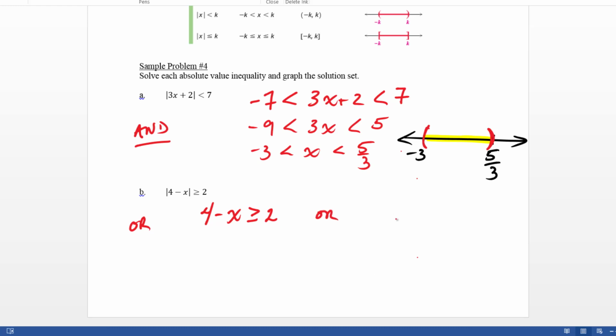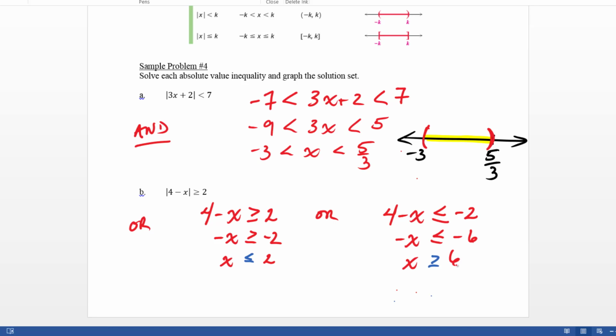Or we can have that same expression and we're going to reverse the inequality this time. It's going to be less than or equal to -2. And then I would want to solve both of those individually. If we subtract 4 from both sides and then we divide both sides by -1, that is actually going to flip our inequality. And then we'll do the same thing over here.